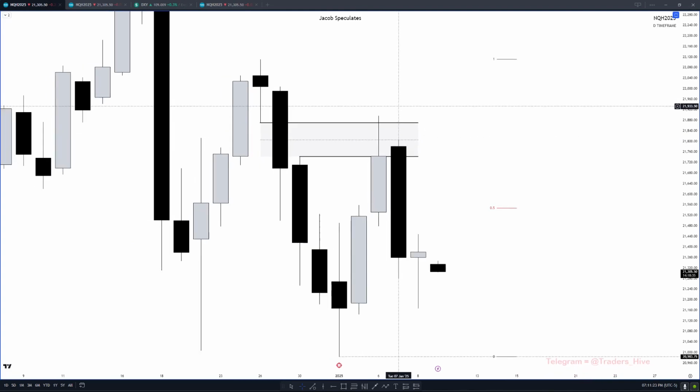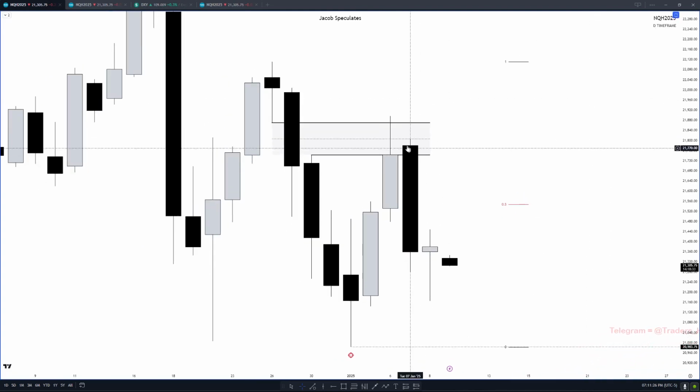This is for your notes, a little nugget: whenever you are approaching a higher time frame fair value gap, for example, a daily fair value gap, and this daily candle closed below the midpoint of that fair value gap, it gives us insight that it's likely to respect it and then make an intra-week reversal. If it would have closed above that midpoint, then we could have found a reason to expect this high to be broken.